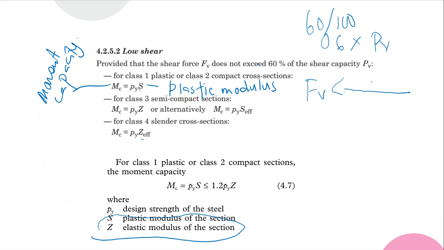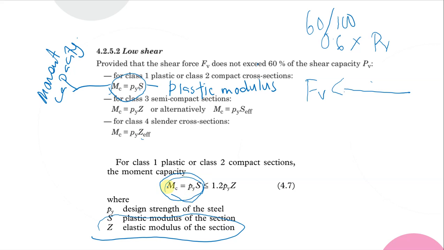And then after you calculate this, you get the moment capacity, you must make sure that its capacity, for example if we use class 1 plastic, meaning we know its classification is plastic, so we use this formula.